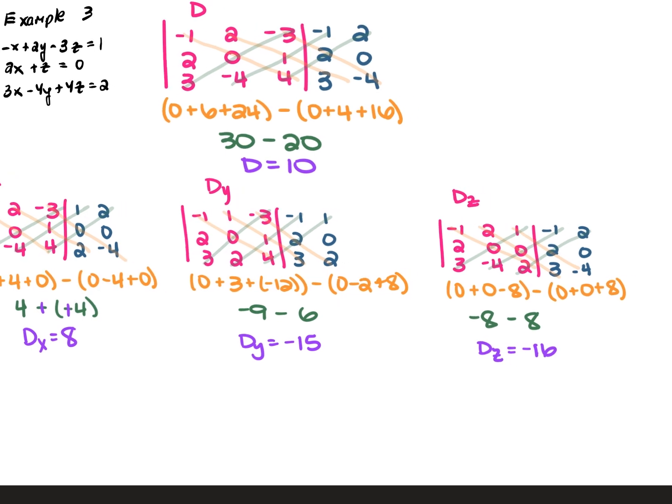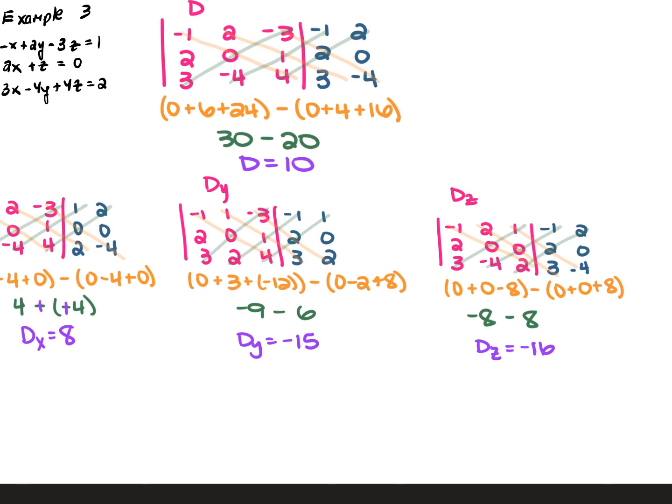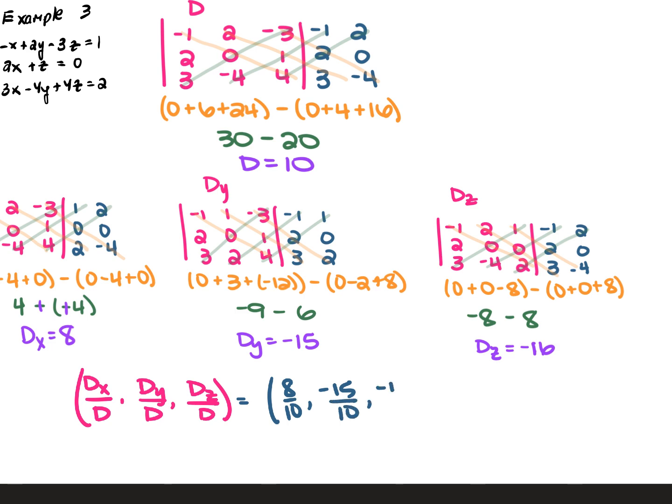So our answer for this one is going to be D sub x over D, comma, D sub y over D, comma, D sub z over D. So that's going to give us 8 over 10, comma, negative 15 over 10, comma, negative 16 over 10.